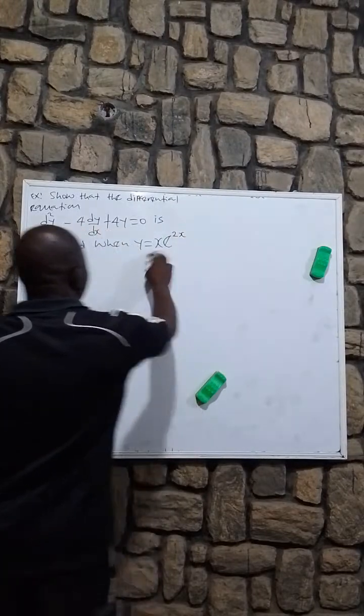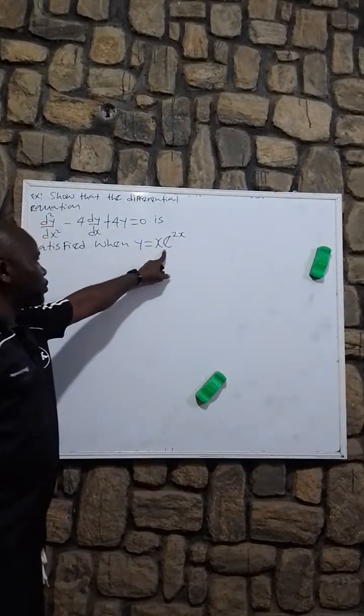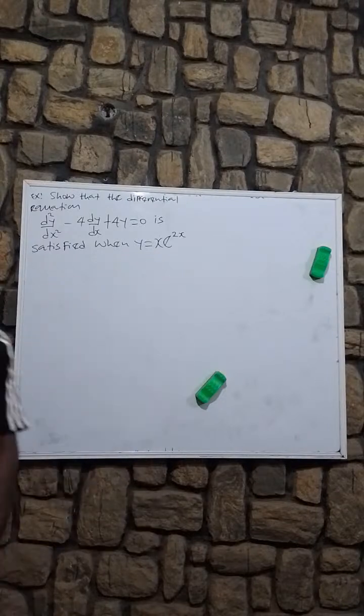Whenever you come across functions like this, use the product rule or differentiate it directly. Is that clear?